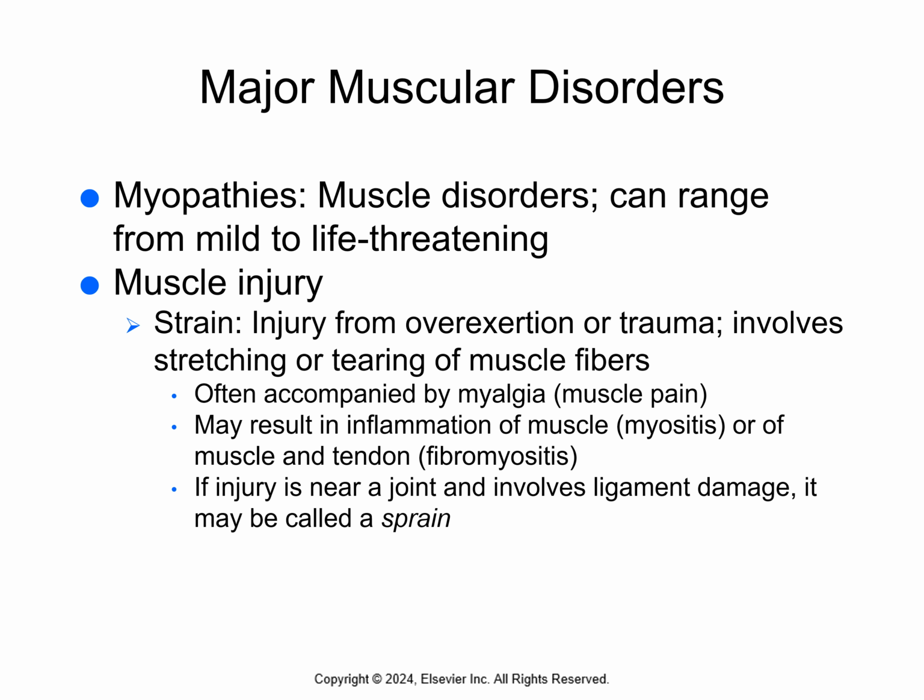And if it really is bad and it hurts the tendon, you can have fibromyositis. If an injury is near a joint and involves ligament damage, it is called a sprain. So we went from a strain to a sprain if it involves ligament damage.